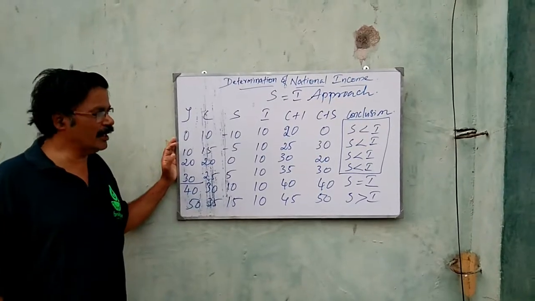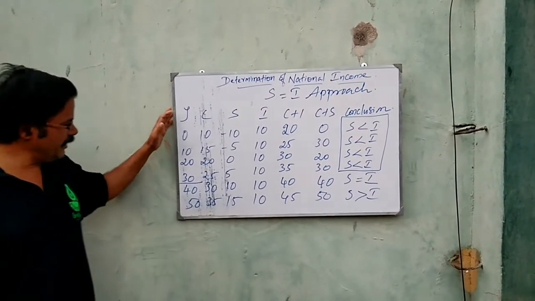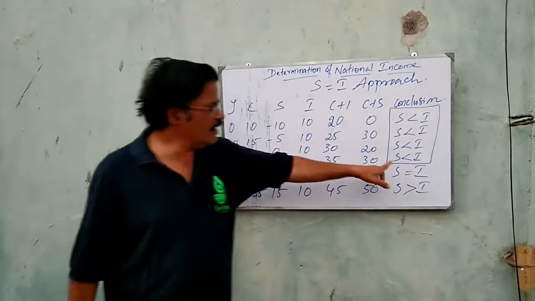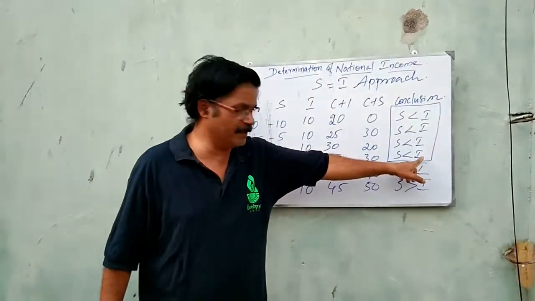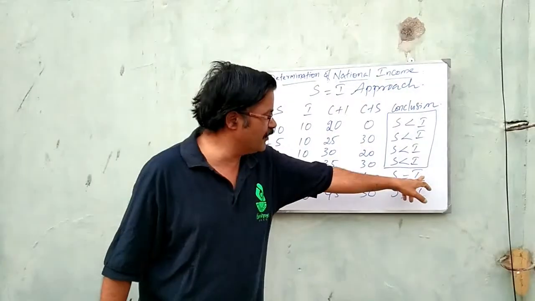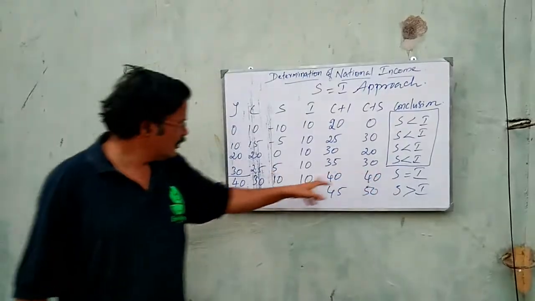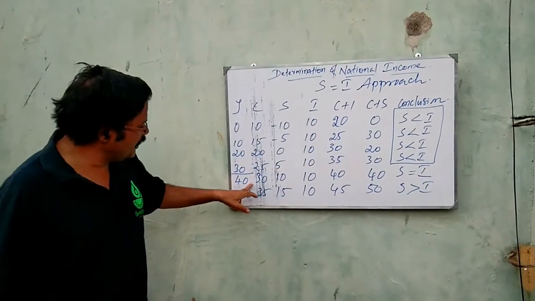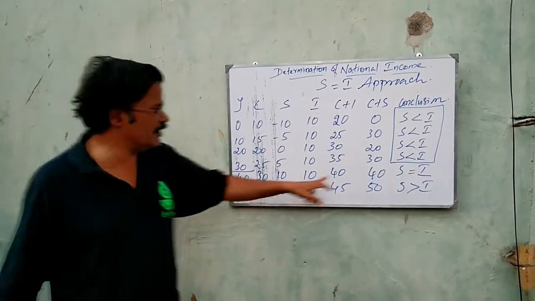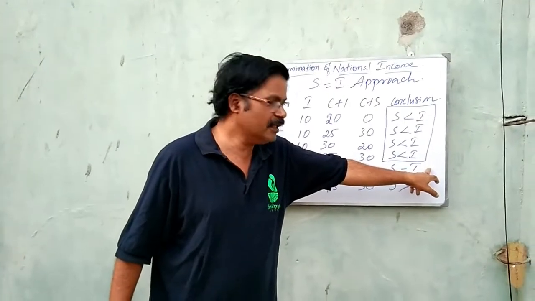Now have a look at the schedule. You can see that up to the income level of 30, saving is less than investment. But at the income level of 40, saving and investment are equal. So 40 is actually the equilibrium level of national income, because at this point saving and investment are equal.